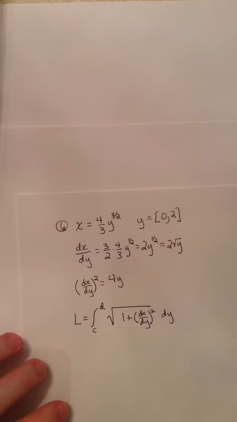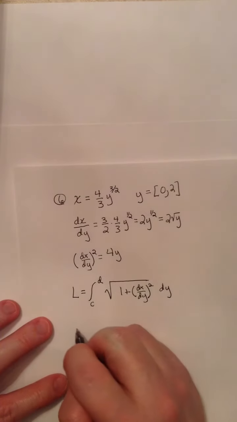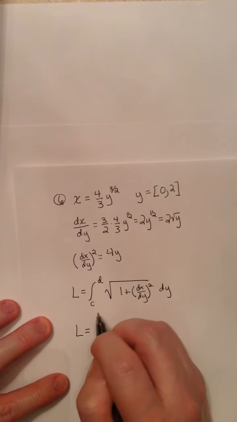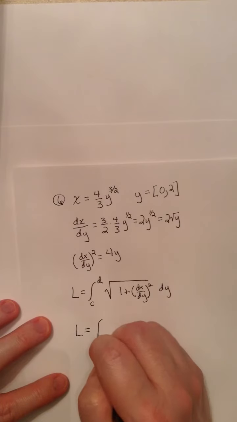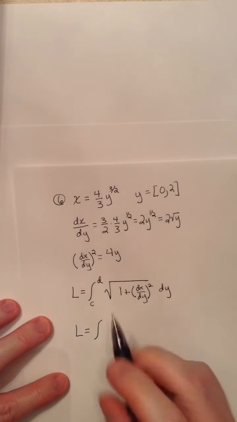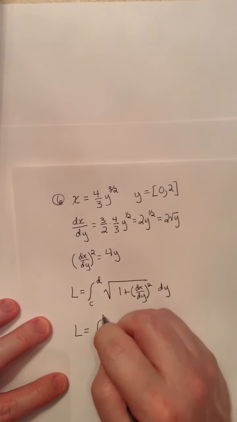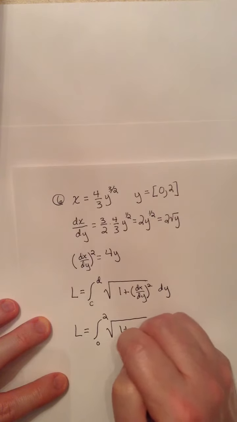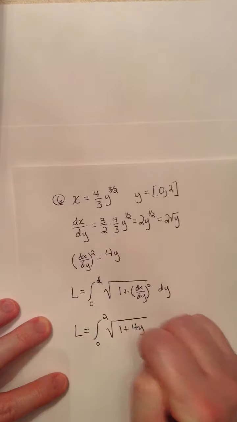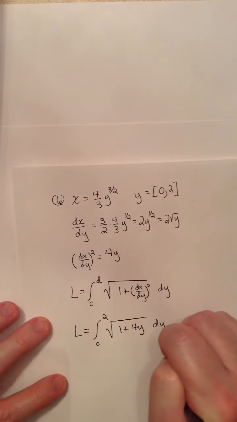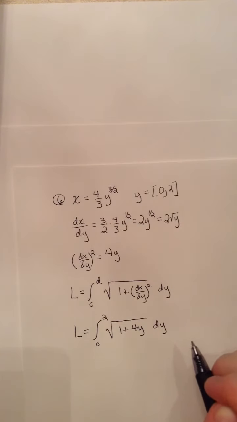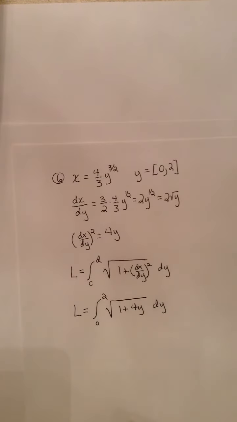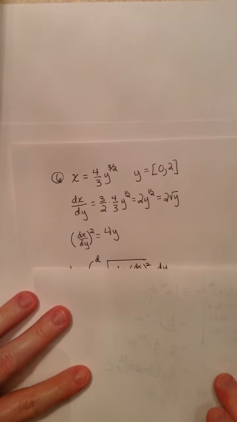And so for the setup, point C to point D translates to 0 to 2, and we have the integral of the square root of 1 plus 4y dy. In terms of the integration, once again we're going to be looking at integration by substitution.